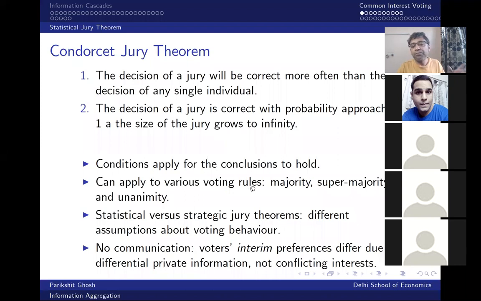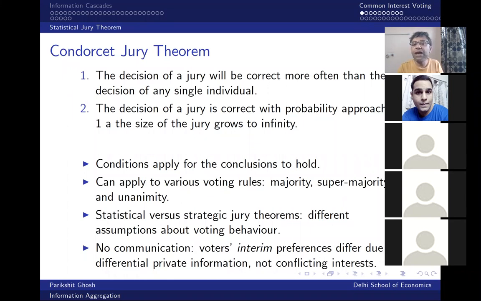And voting procedures differ a lot. In some institutions and contexts, you have simple majority voting or plurality voting if you have multiple options, but we'll only study binary option cases. Sometimes you have a supermajority, like for a constitutional change, 2/3 or 3/4, that sort of thing.